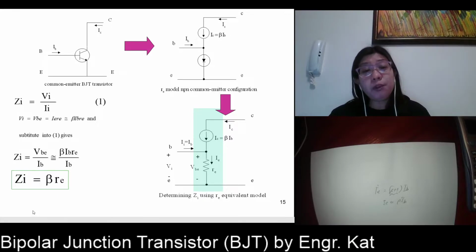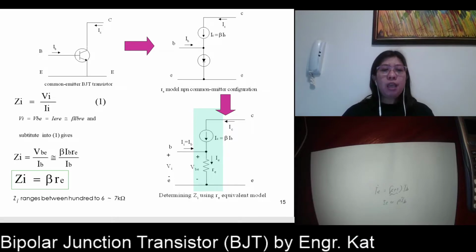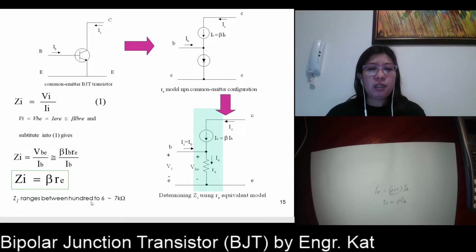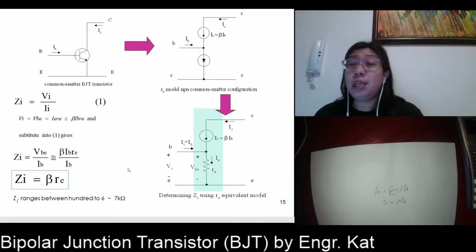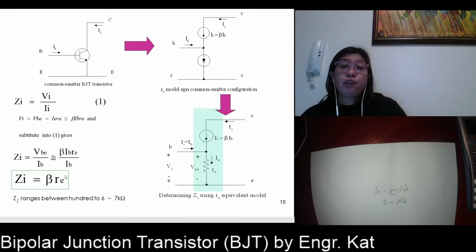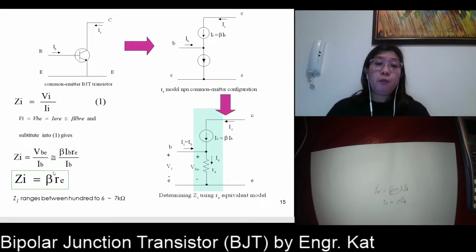So for a common emitter configuration, your Zi is beta multiplied by re. Zi ranges between hundreds of ohms to 6 to 7 kilo ohms.